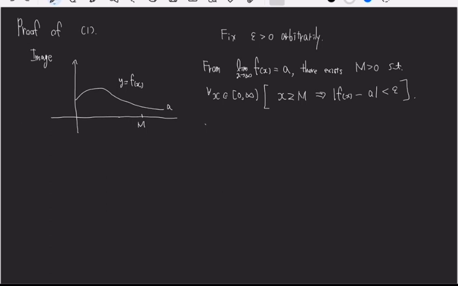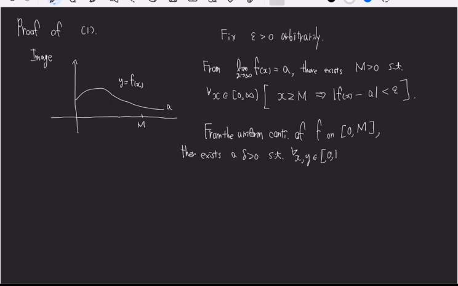So from the uniform continuity of the function f on the closed interval from 0 to m, with m as above, there exists a positive number delta such that for any x and y in the interval 0 to m, if the difference between x and y is less than delta, then the modulus of f(x) minus f(y) is less than epsilon, which is the epsilon-delta definition of uniform continuity.